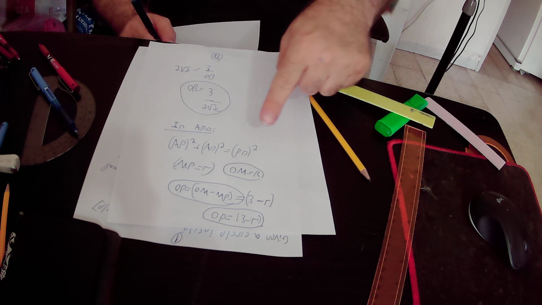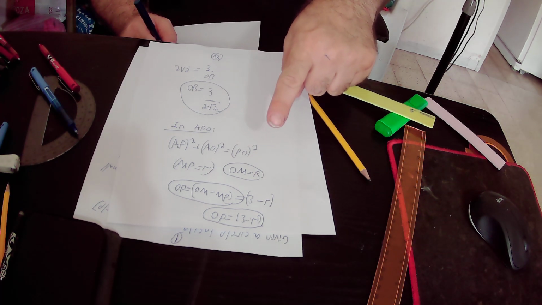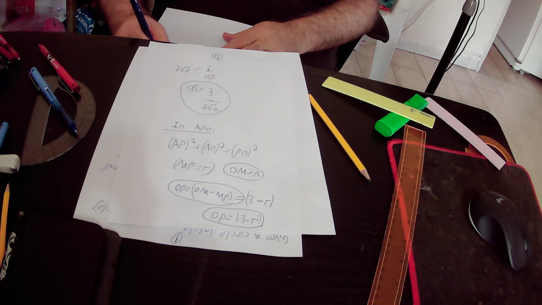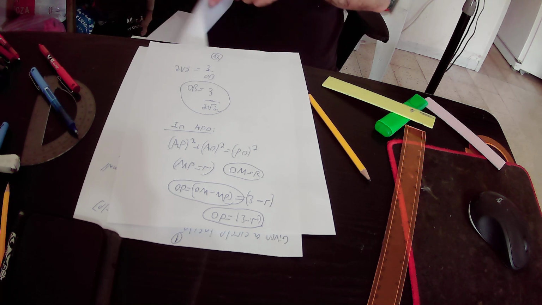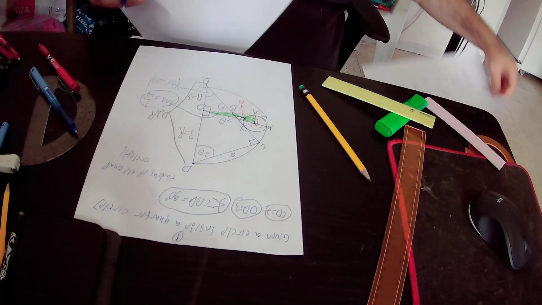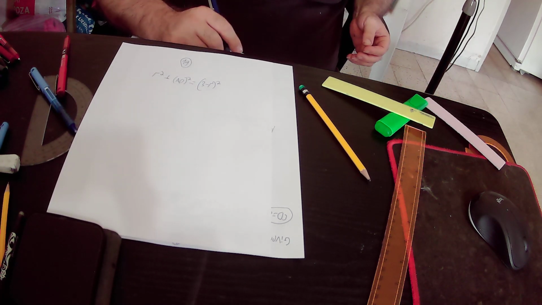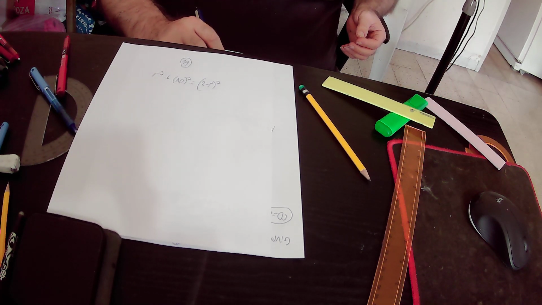We have already found that PO equals 3 minus r, so PO square equals 3 minus r square. So in total, r square plus AO square equals 3 minus r square.